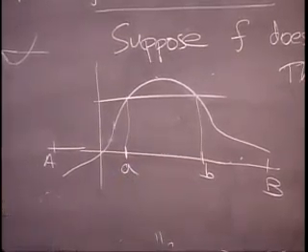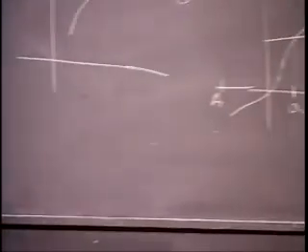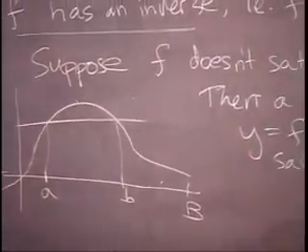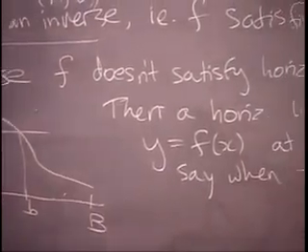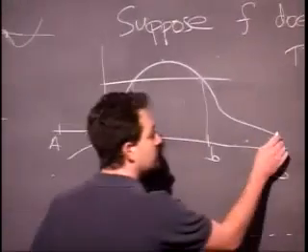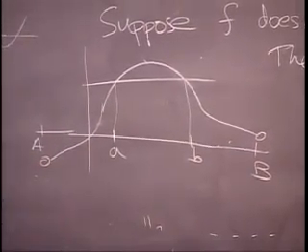Okay, let me ask you this. What do you think of f? Is it differentiable? Is it continuous? What do we know about f? Well, it's differentiable on a to b, maybe not including these endpoints. How do I know that?